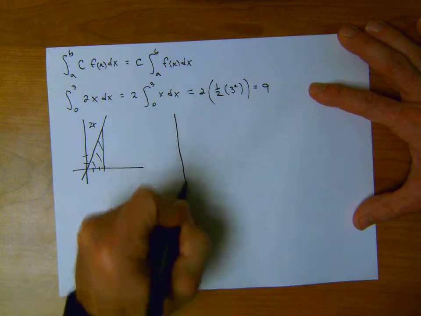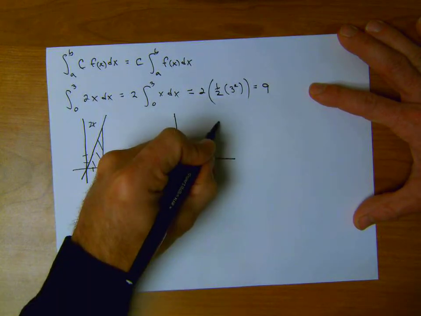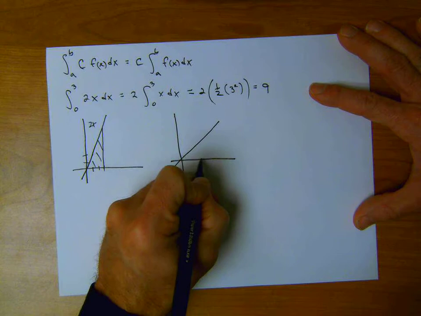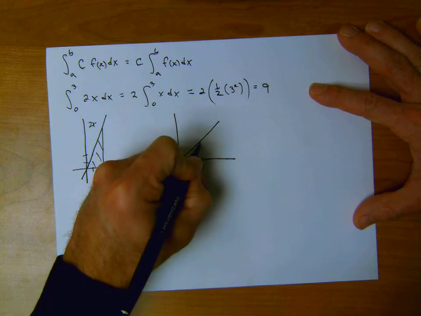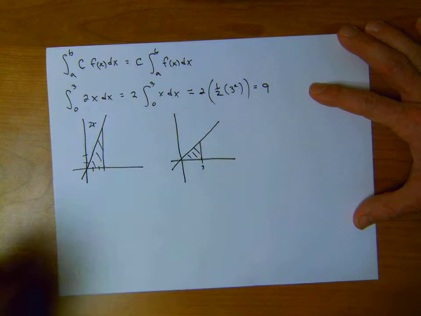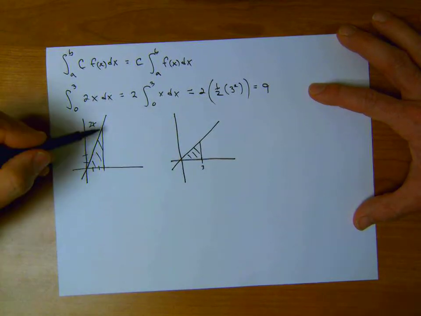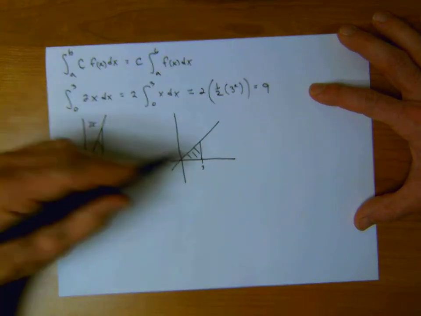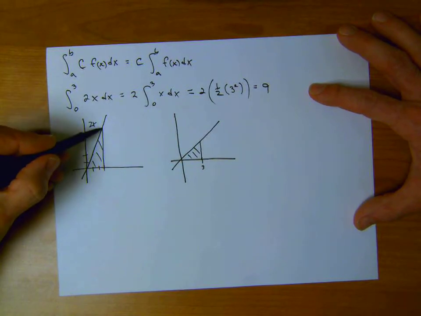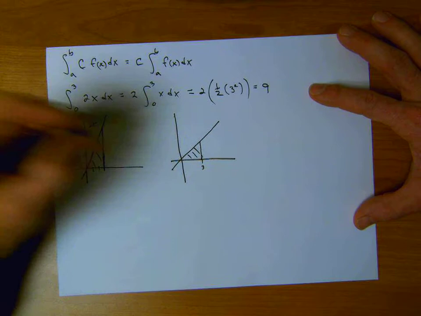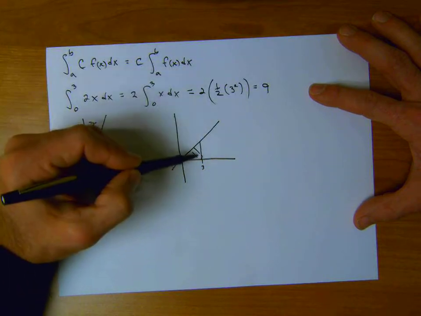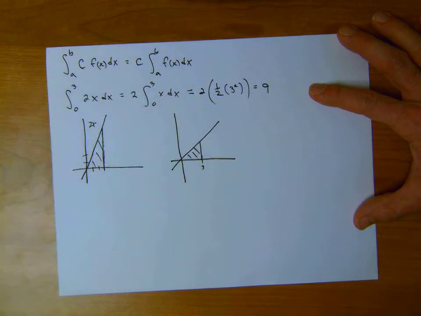Whereas if we just look at y equals x, we go out to 3, that area is 9/2. So again, if you think about this being a triangle, 1/2 base times height, right? But the side of this is twice as long as the side of this, so that makes sense that if we take the double of this, we get this area.